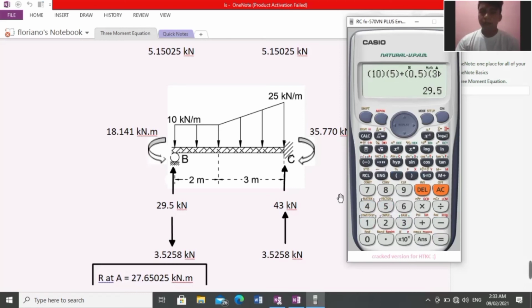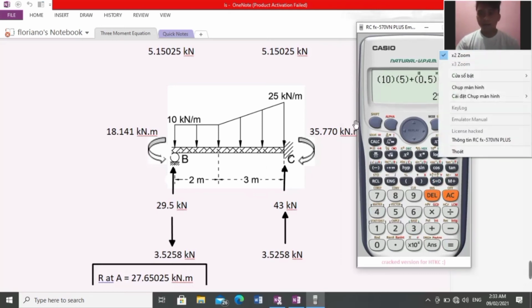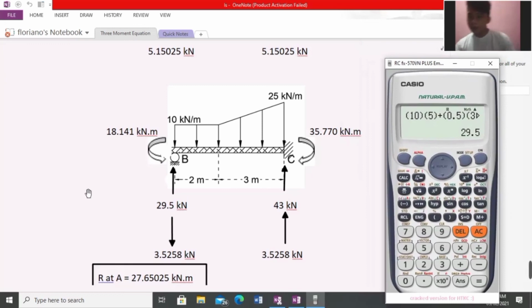Ang sagot is 29.5. So, nakuha na natin yung mga reaction sa load. So, kunin naman natin yung sa moment. So, ang gagawin ko dito, ima-minus ko lang yung 35, yung 18 sa 35. Diba? Yung 18.141 sa 35.770.